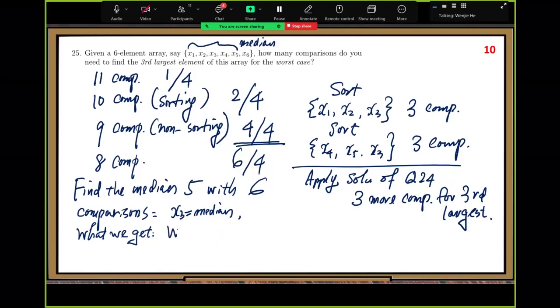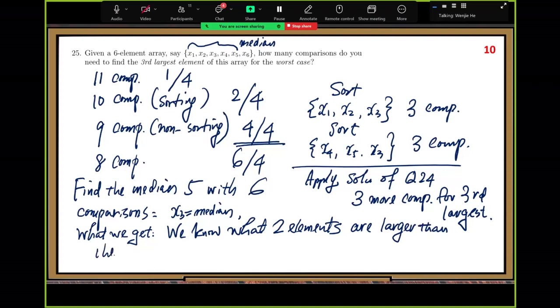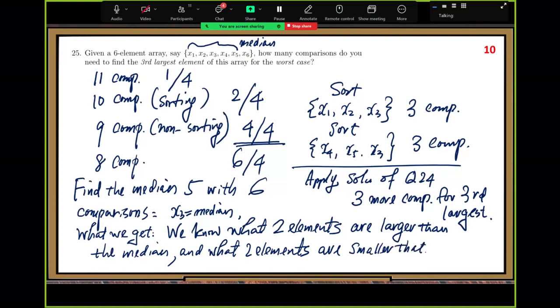We know which 2 elements are larger than the median, and which 2 elements are smaller than the median.